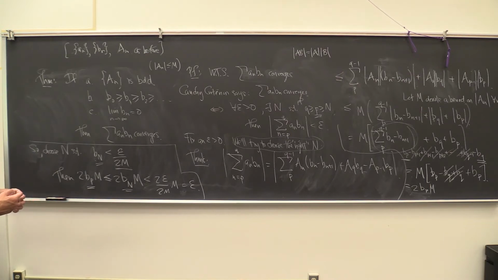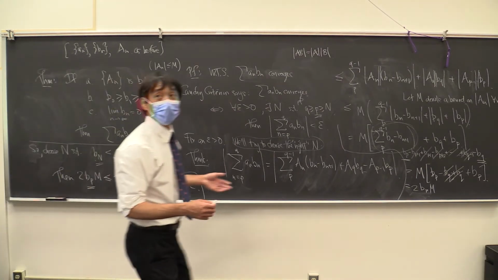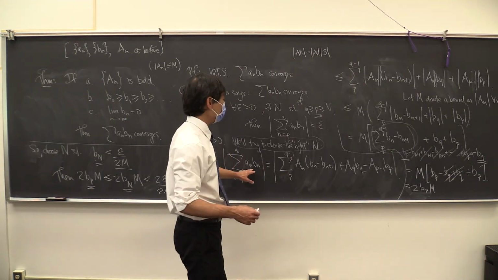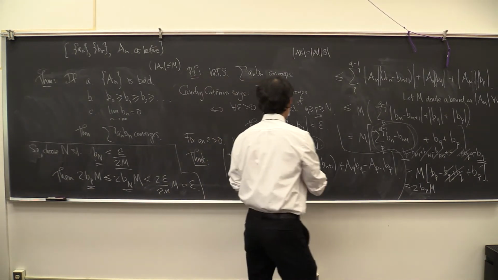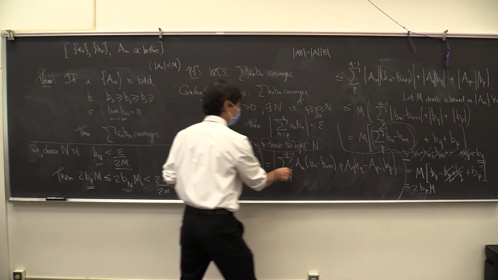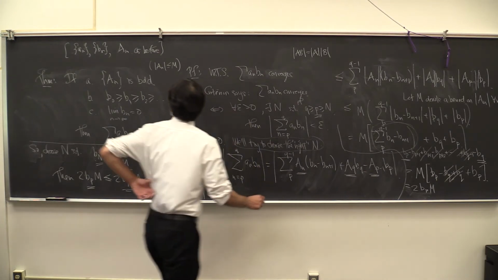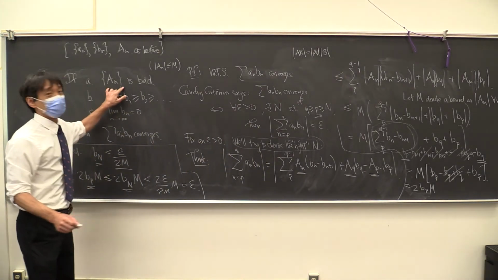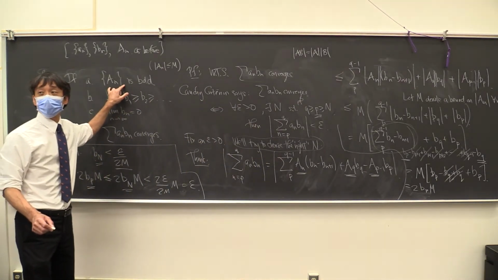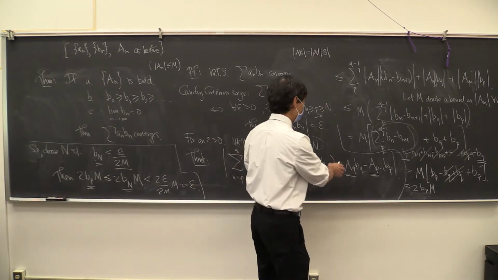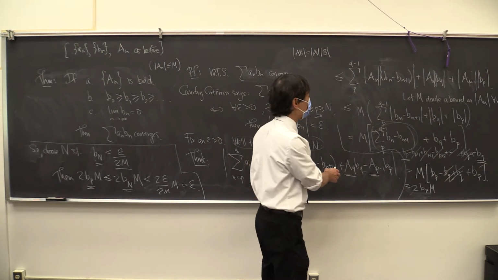Okay. So this is pretty straightforward thinking once you have the technical lemma. Once you have this technical lemma, you say, okay, I've got this thing. I'm going to somehow try to bring in these partial sums, because I have some condition on the partial sums. Partial sums are bounded, right? So I'm going to rewrite this thing with some expression that involves the partial sums.